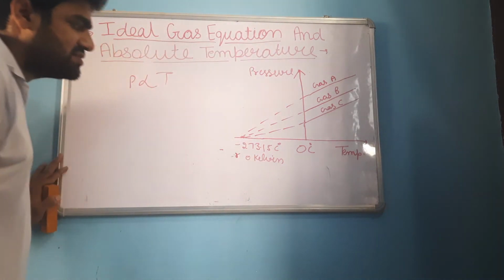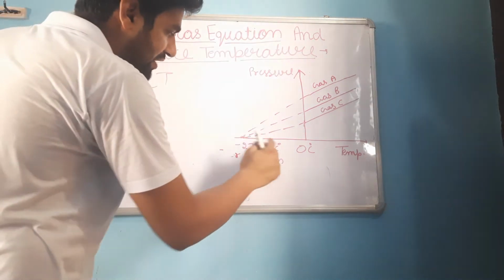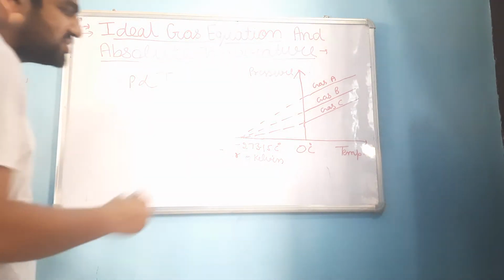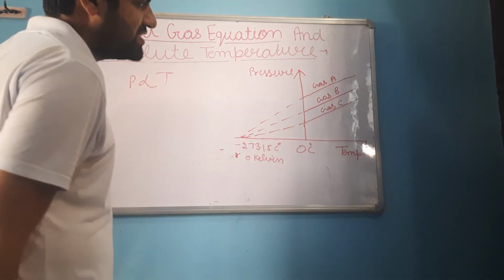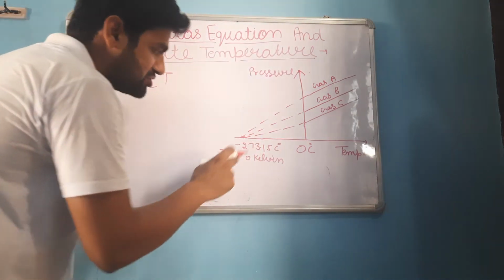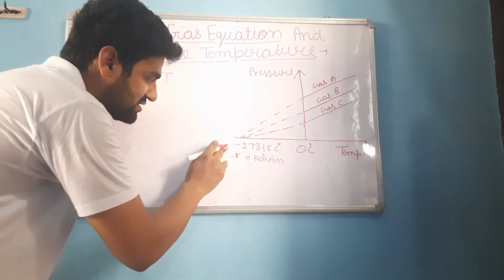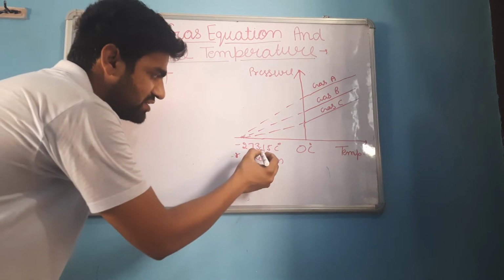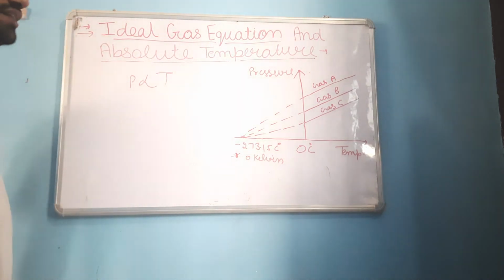Here at minus 273.15 degrees Celsius, we get the pressure of all the gases, gas A, gas B and gas C, equal to 0, almost equal to 0, and this is the start.